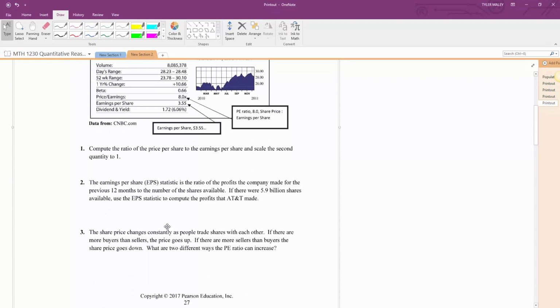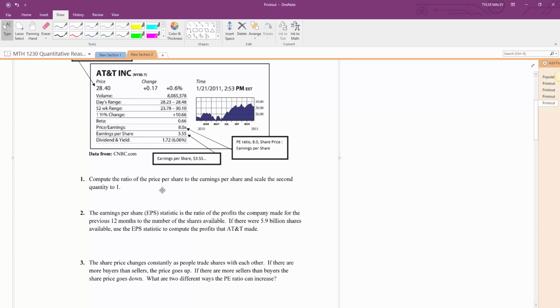If we look at number 1, it says compute the ratio of the price per share to earnings per share, and then scale the second quantity to 1. We can certainly do this, so we want to set up a proportion. I want to compare the price to the earnings, and this is per share.